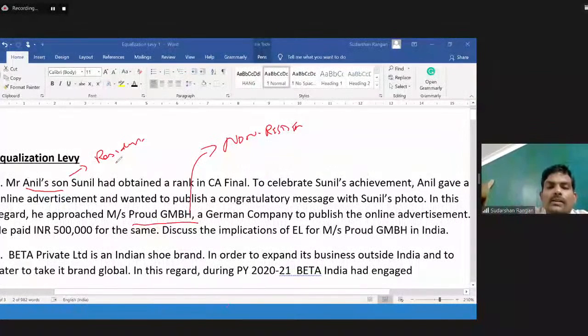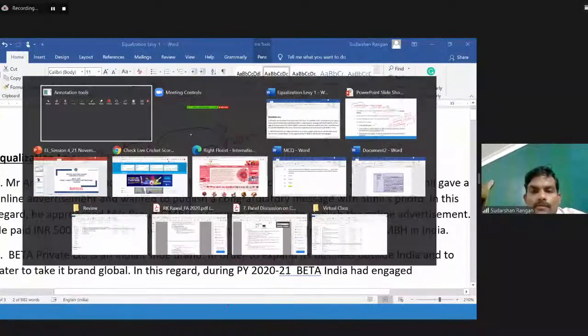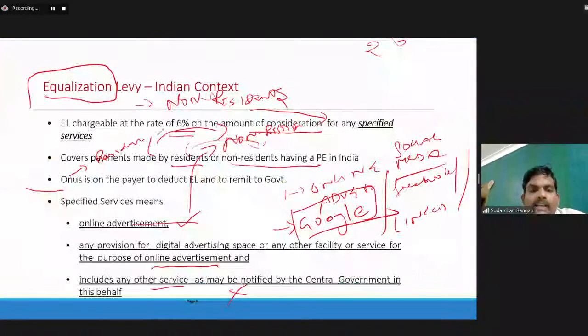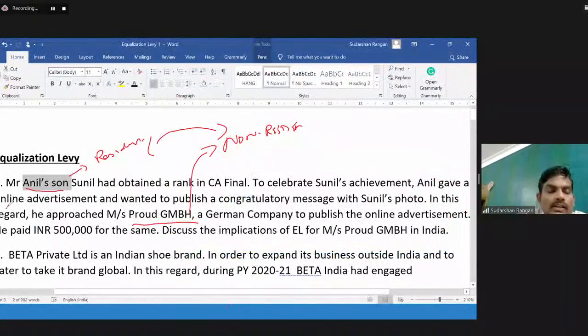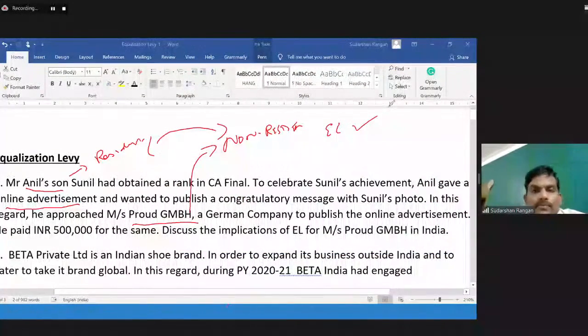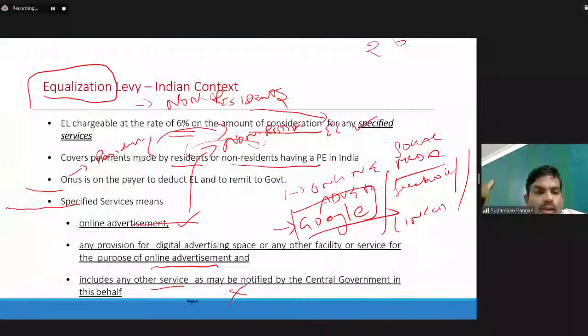So a resident making a payment to a non-resident. EL is chargeable at the rate of 6% on the amount of consideration for any specified services. So what services? Online advertisement. So this is for online advertisement. So it looks like EL is satisfied. But hang on, there are some exclusions to equalization levy.